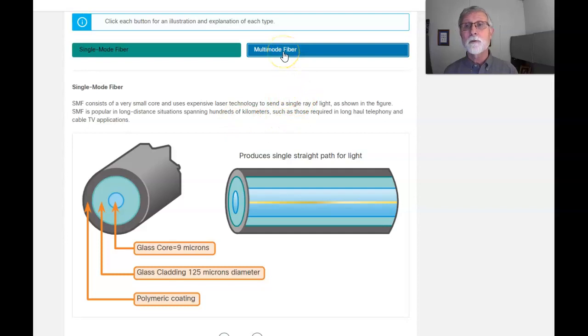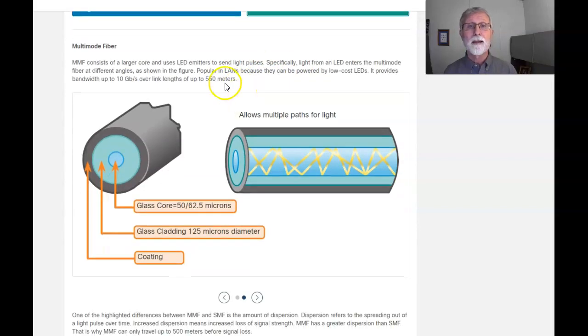Now, multi-mode fiber, instead of using a laser, uses LED emitters to send light pulses, but it enters the multi-mode fiber at different angles, and it just bounces all over the place. It's definitely produced with a lower cost LED, so versus a laser, the cost is less.